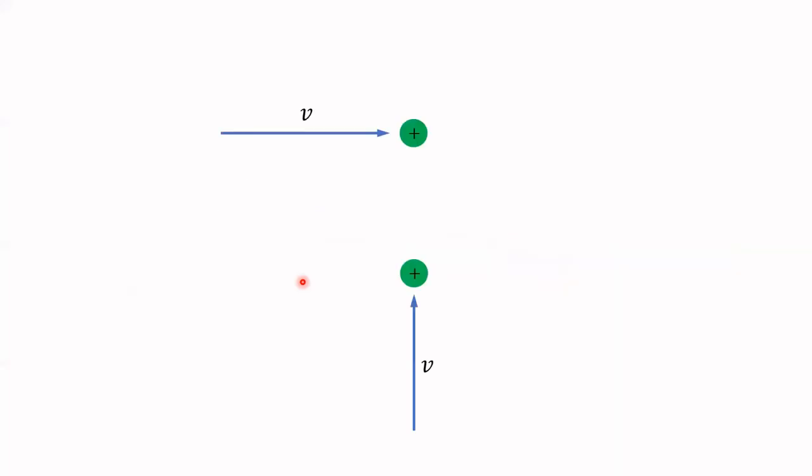But I would like to point out at this time that it's easy to conceive of a scenario where the interaction between two charged particles, that's the most fundamental interaction we're talking about here, does not consist of an action-reaction pair. This is an interaction between one charged particle moving to the right and another charged particle moving up, so it's headed towards this one.